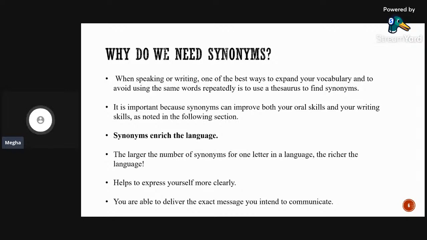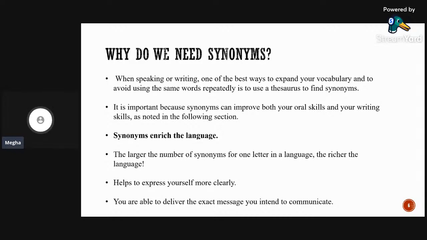So synonyms enrich the language. The more improved your vocabulary is, the richer your conversation will be. The more people will be attracted to your speech, or whatever you are speaking. That is why it is important to know as many words as possible. The larger the number of synonyms for one word in a language, the richer the language.